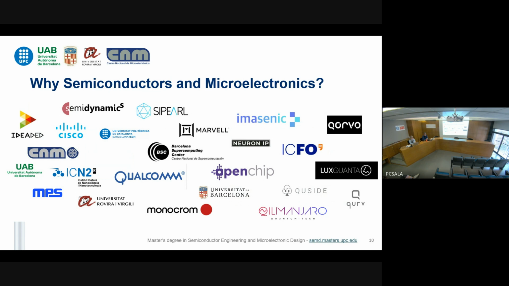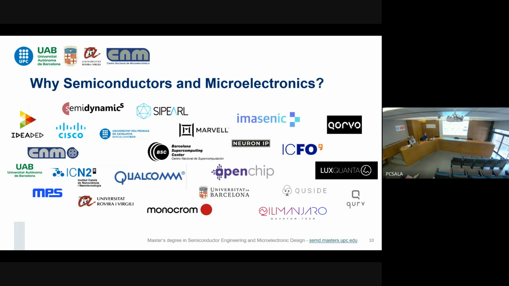Some of them manufacturing, some of them design of processors, some of them sensors and analog circuits related to that. So there is a growing activity in this field. Actually, not only in Barcelona, this also happens in many places in Europe. So it's a good moment to enter into this field.